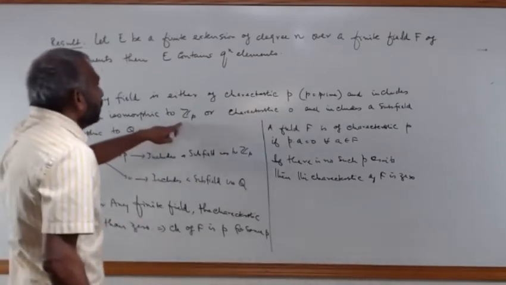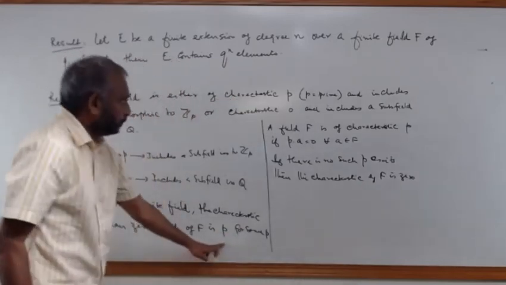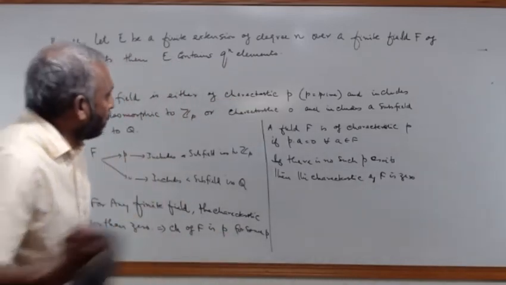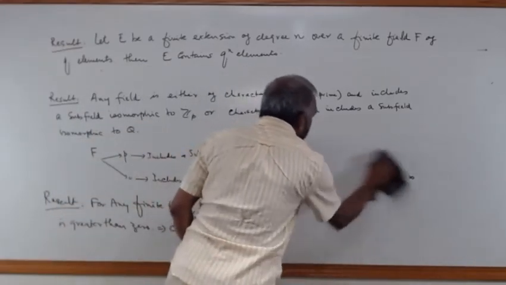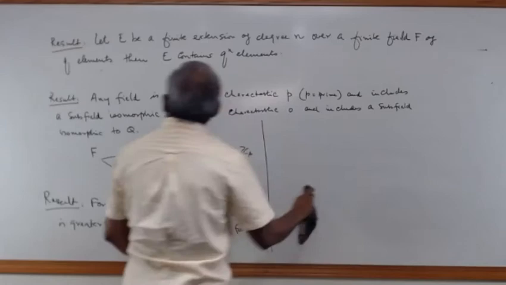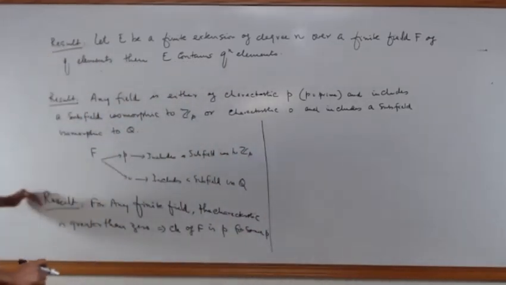That means it is of characteristic p for a prime p. We are going to combine these three results together to find out the number of elements in a finite field.